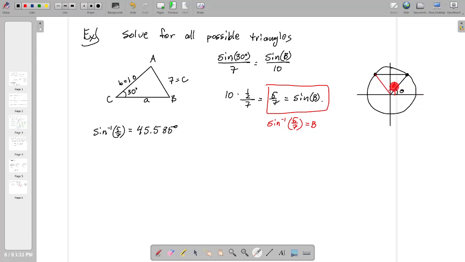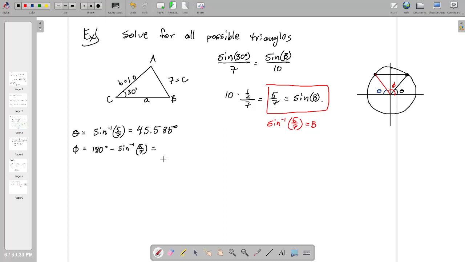We need to figure out what angle phi is from angle theta. Now, I want you to notice that this is also angle theta, this distance. This distance here is the same as this distance. Notice that phi plus theta is equal to 180 degrees. So, in order to find our angle phi, we would do 180 degrees minus sine inverse of 5/7.